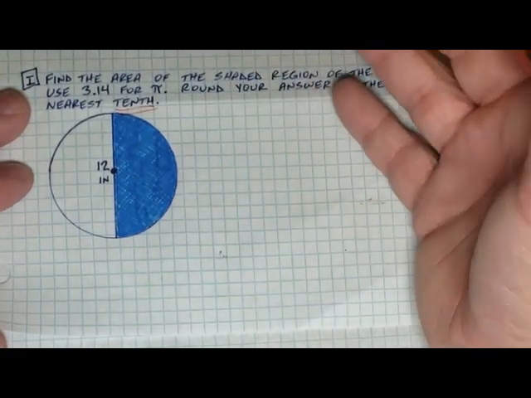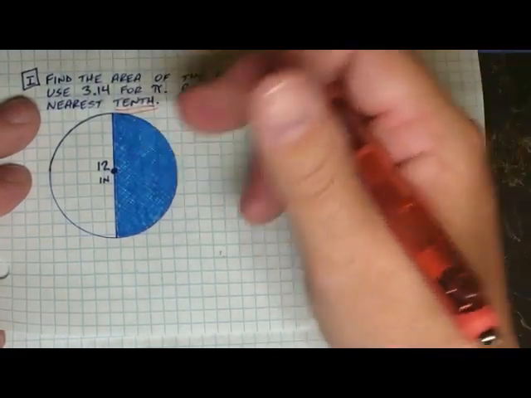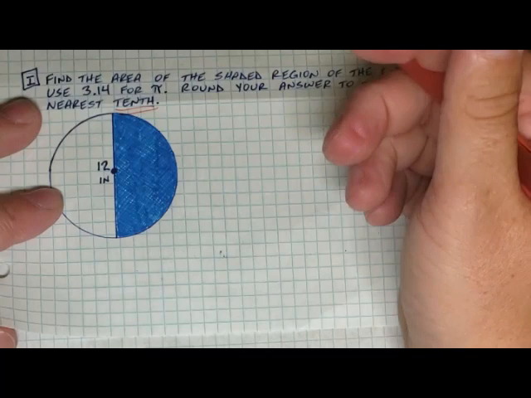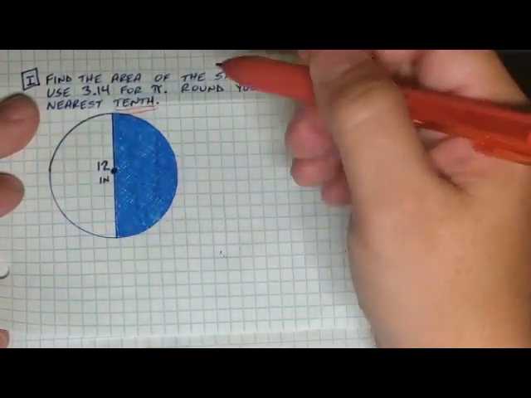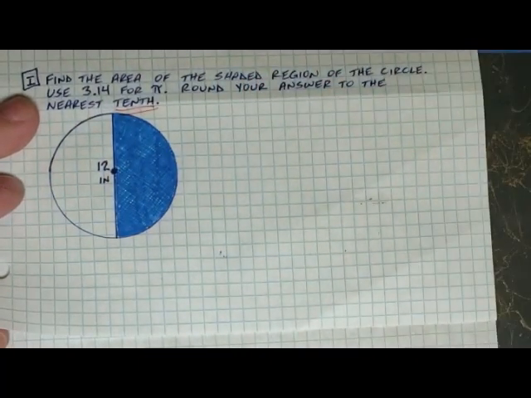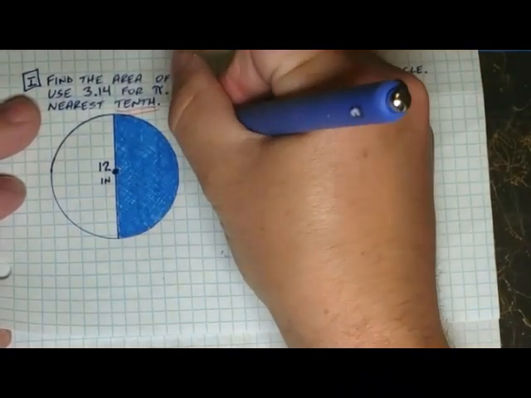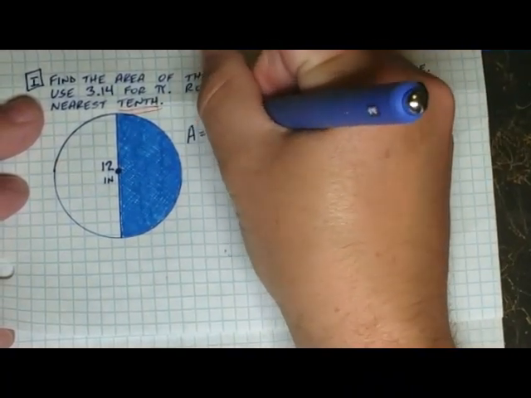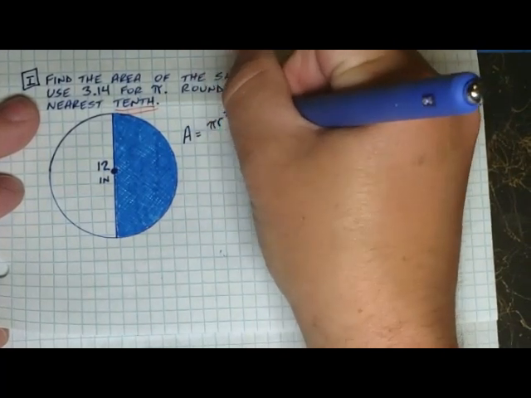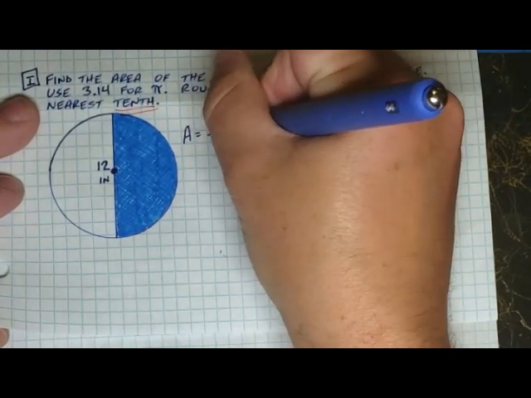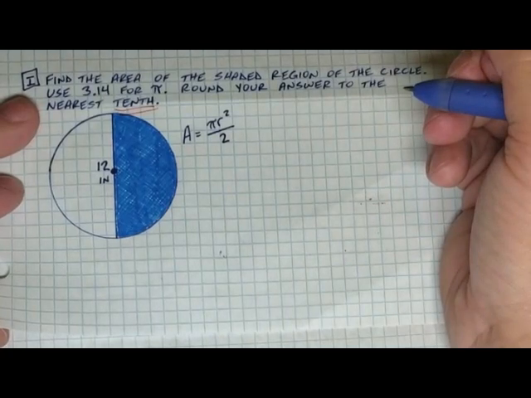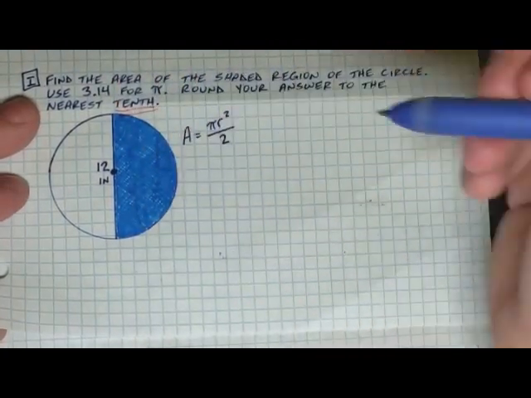But what do you notice about the shaded region? Well, the shaded region is only half of this entire circle. So what we want to do for this one is find the area of the whole circle and then divide by 2 to just get the shaded part.